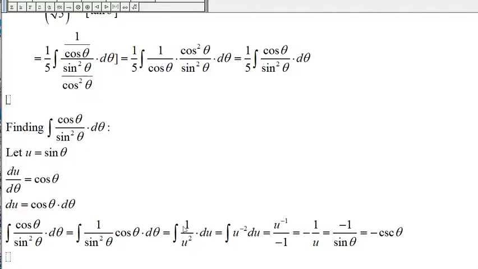This will be 1 over U squared, since U is sine of theta. Cosine theta d theta is du. 1 over U squared is U to the negative 2.